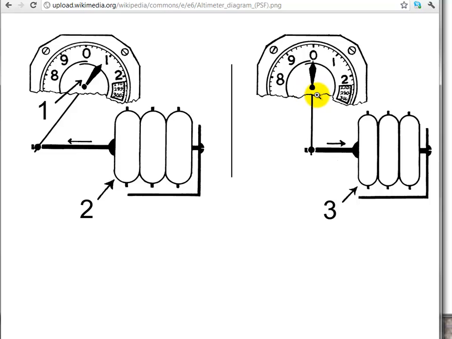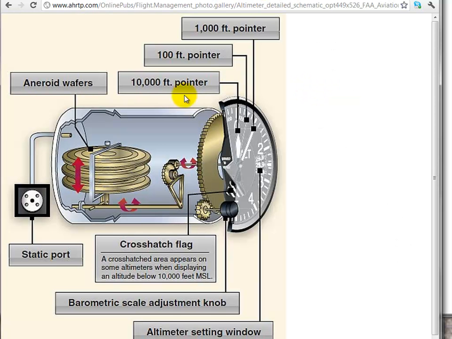Obviously it's a bit more complicated than this. There's another diagram here which shows the gearing between the lever and the actual needles on the display. But you can see there's no electronics in here at all. It's just a simple metal bellows which pushes the lever and it turns the dials.